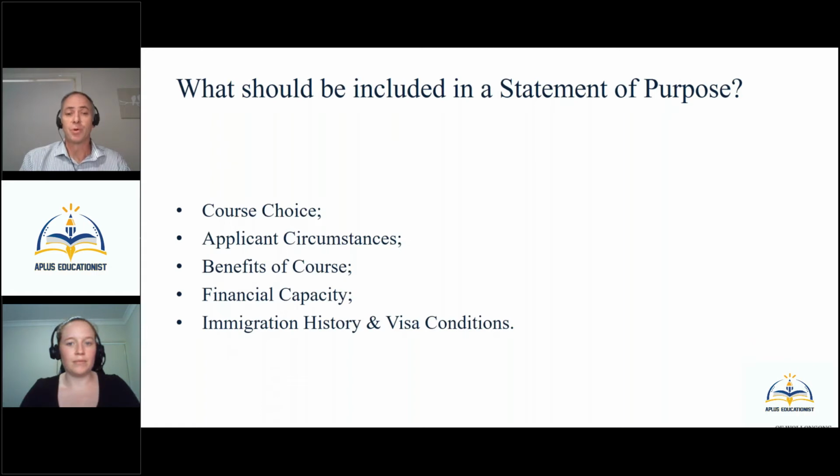So the other point I wanted to touch on here is around Ministerial Direction 69, which relates to how the Australian government assesses GTE. The reason we asked for that information to be included in our statement of purpose is that it is a part of Ministerial Direction 69, which is how the Australian government assesses genuine temporary entrant.